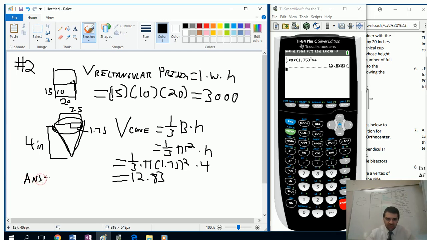So our answer is going to be equal to the volume of the prism over the volume of the cone. So our answer is going to be equal to the volume of the prism, which is 3,000, and this is inches cubed.